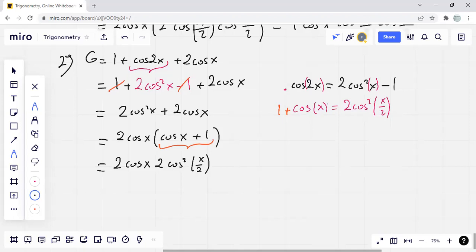Now the last step of simplification: this will be equal to 4 cosine x cosine squared of x over 2, and now g is in the form of a product.